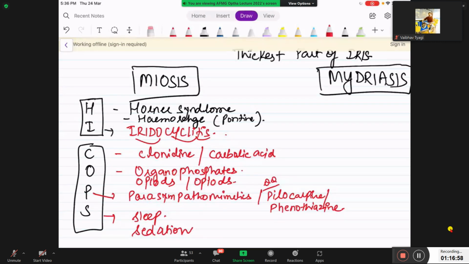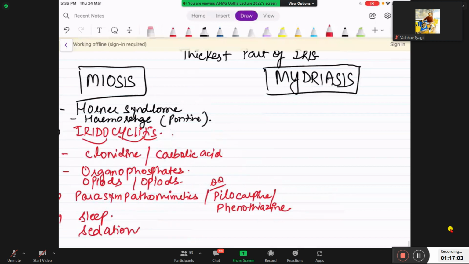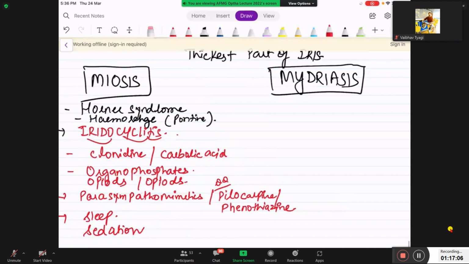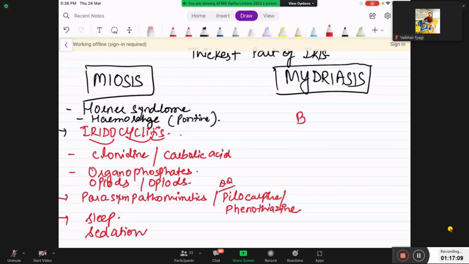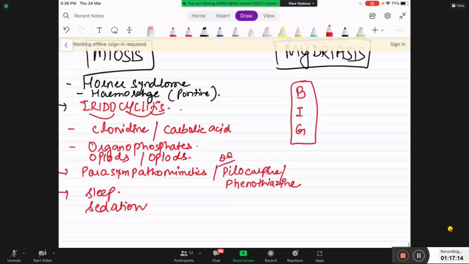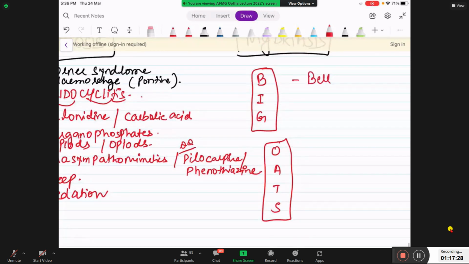Coming to the causes or differential diagnosis of mydriasis. Write down, the mnemonic for mydriasis is big oats. Oats are healthy, right? Good for health. Big oats is the mnemonic for mydriasis, where B stands for belladonna poisoning.